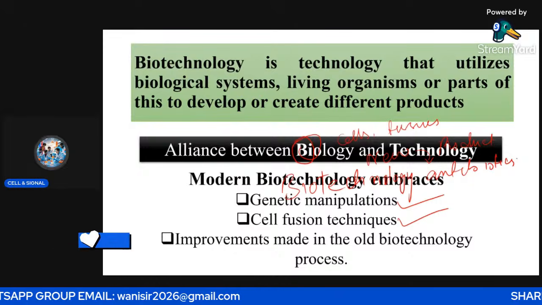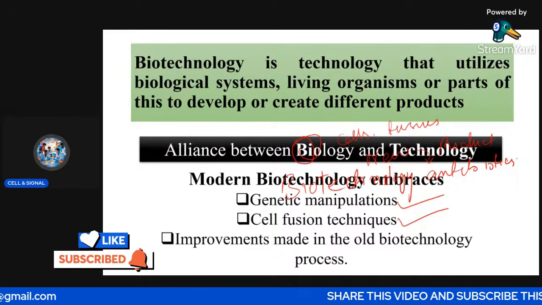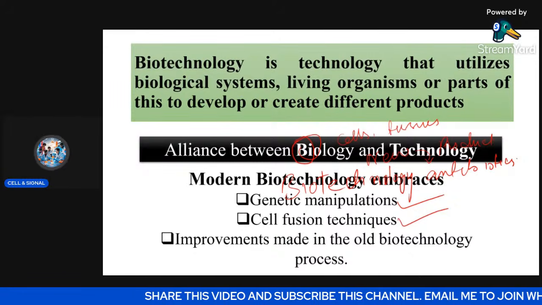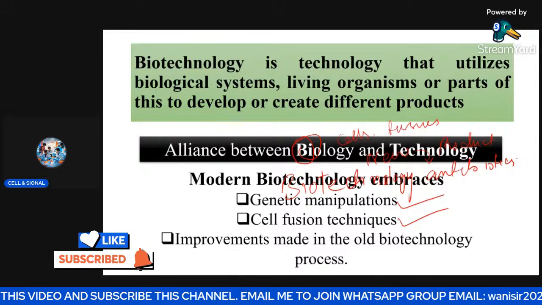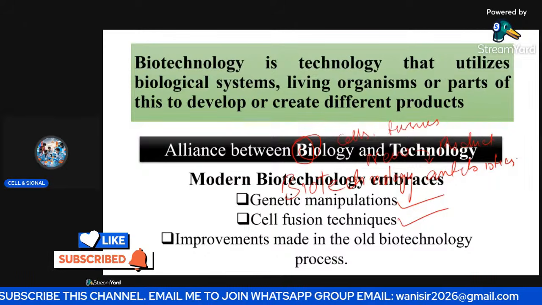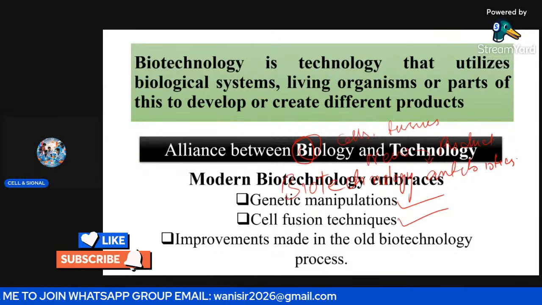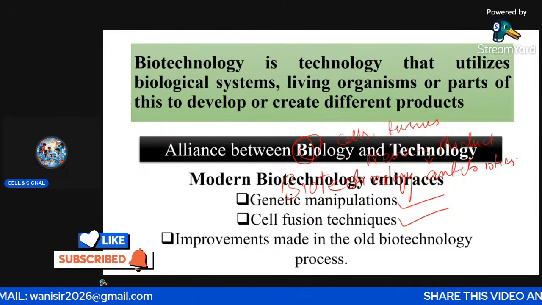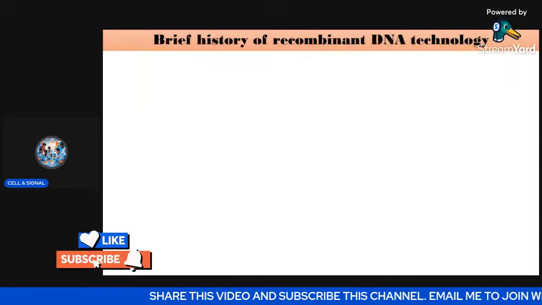So these are the new technologies, and that's why there is an improvement made in the old biotechnology processes. We will understand what is gene manipulation and cell fusion techniques later in this chapter. So basically biotechnology is a technology that utilizes biological system and living organisms or parts of them to develop or create new products. So this is a simple definition of biotechnology.